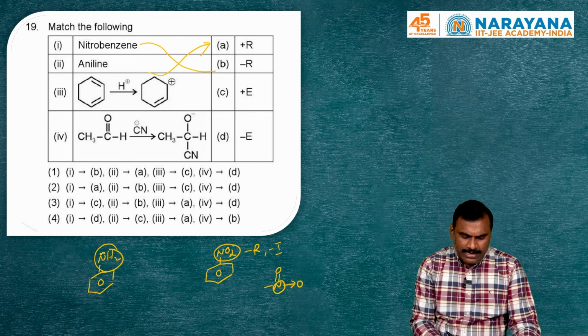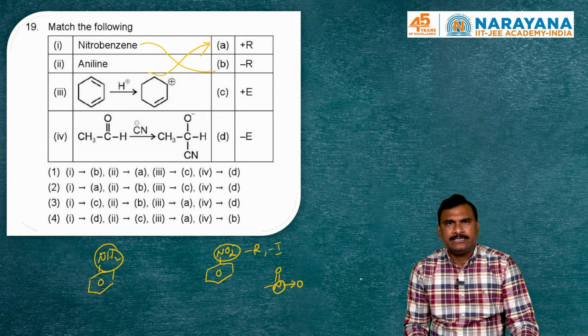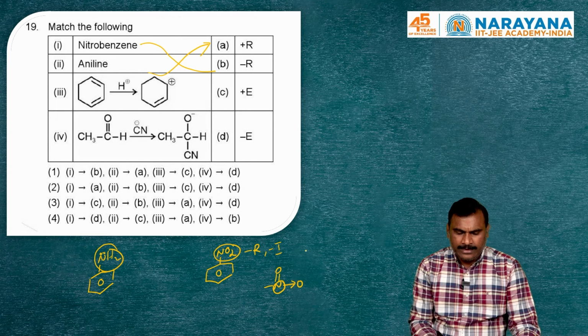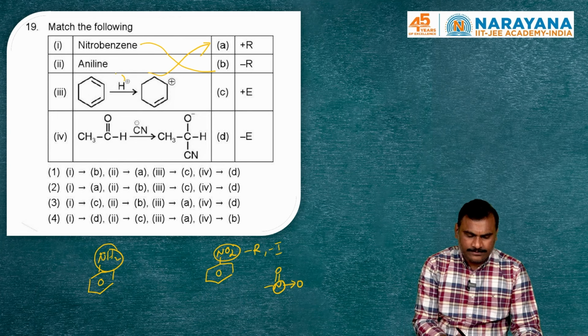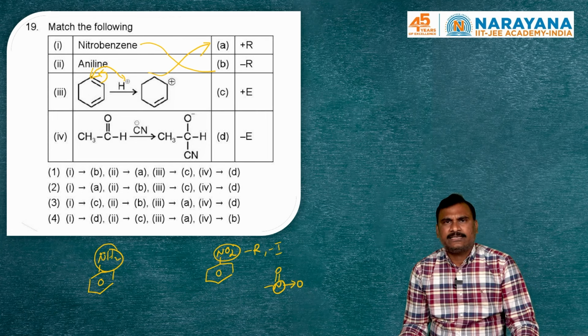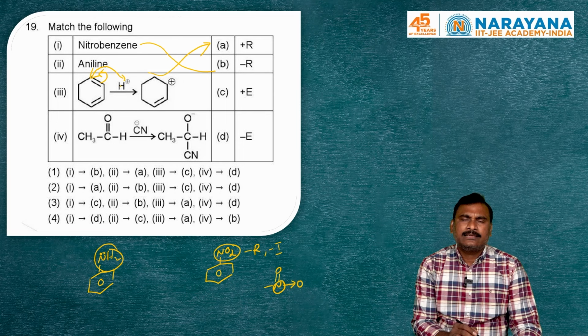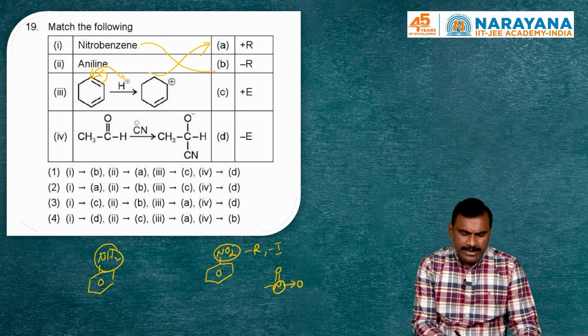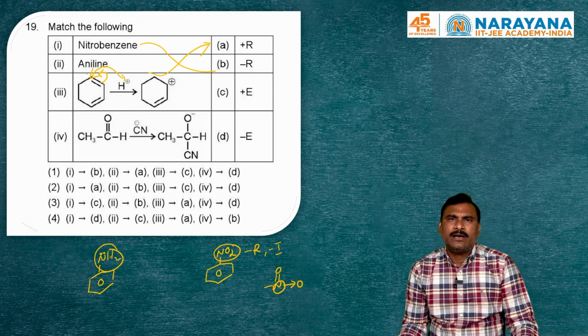Whenever an atom or group attached to the conjugation has a lone pair with octet configuration, it acts as a plus R group. Here, addition of H plus. In the presence of H plus, the pi electrons are moved to one of the bonded atoms.